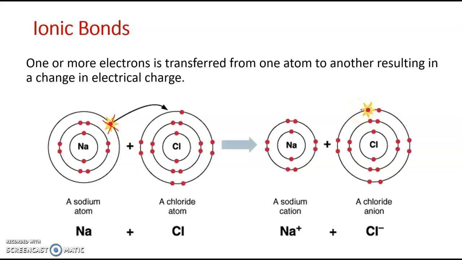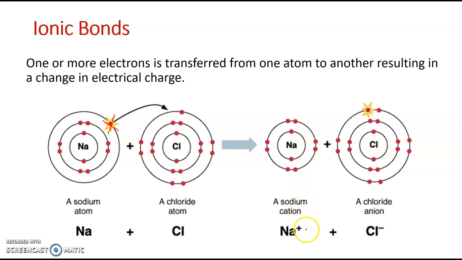When this happens, we now have a change in the electrical charge because now sodium has 1 more proton in the nucleus than it has electrons. Because remember, when it was not charged, when it was a pure element, the number of protons equaled the number of electrons. But now sodium has lost an electron, lost one of its negative charges.